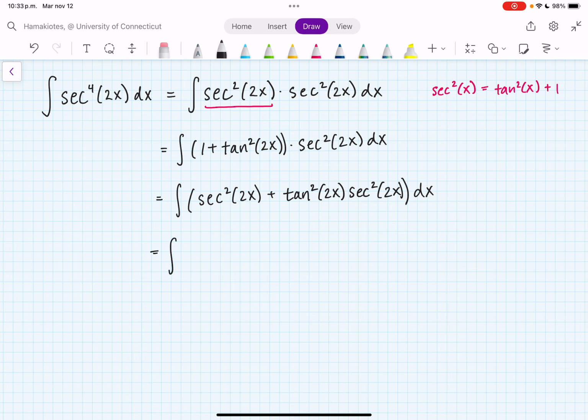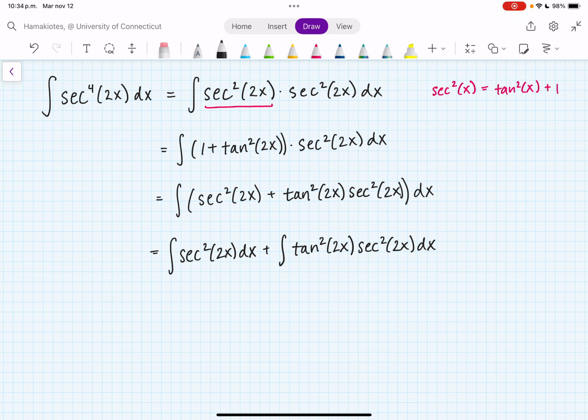So we can break this up into the integral of secant squared of 2x dx plus the integral of tan squared of 2x times secant squared of 2x dx. Now to evaluate these two integrals, we're going to need to use different substitutions.